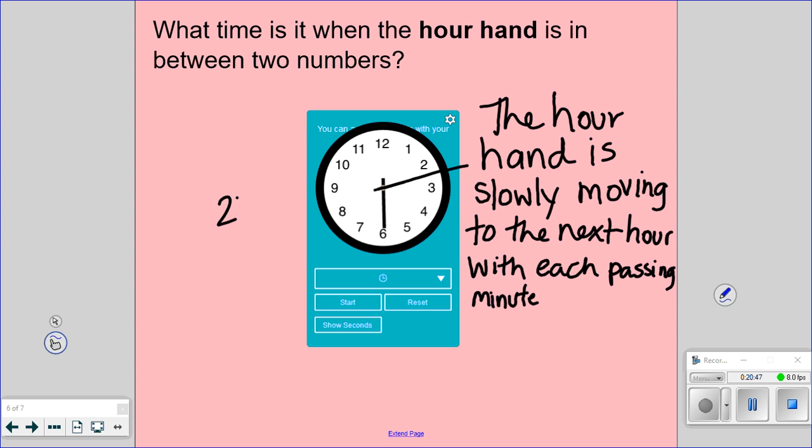The time on this clock is 2:30. It's not 3:30. It's not quite pointing at the 3 o'clock hour. But it is getting closer. That hour hand is getting closer to 3 because the minutes are getting closer to being back at 60.